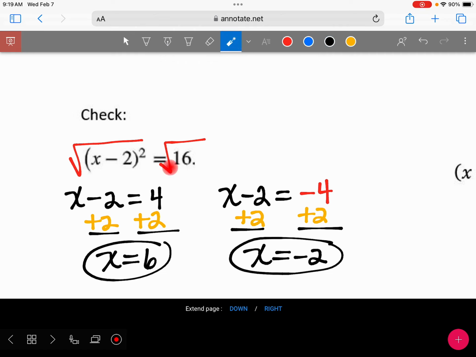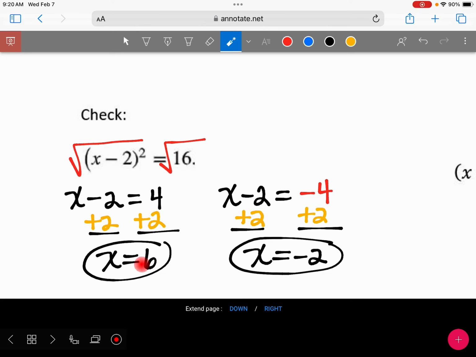All right, so the square root of 16 is equal to positive 4 and negative 4. So we're going to break the equation apart. You have x minus 2 equals positive 4, and x minus 2 equals negative 4. And to solve, because it's subtraction, we're going to add.